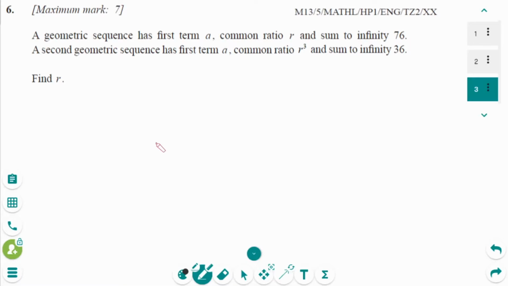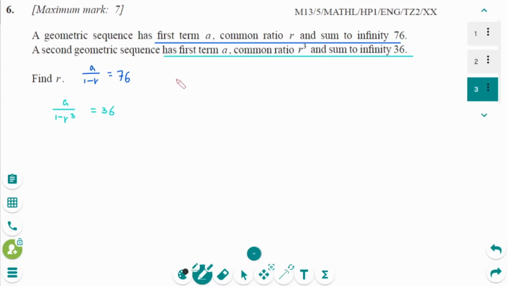This is the May 2013 HL Paper 1 question. For the first series, a over 1 minus r equals 76. For the second series, a over 1 minus r cubed equals 36. Use the formula a cubed minus b cubed equals a minus b times a squared plus ab plus b squared. So a over 1 minus r times 1 plus r plus r squared equals 36.